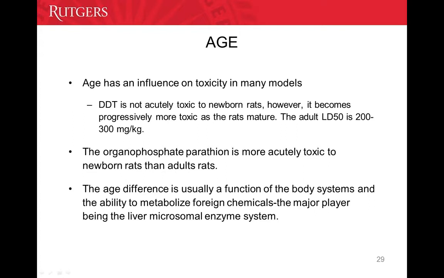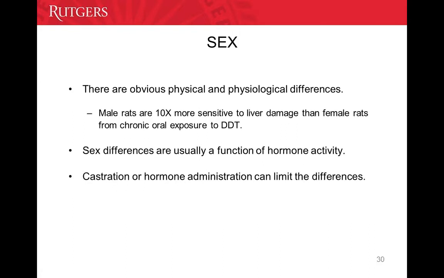So DDT is more toxic when the rat gets older; parathion, an organophosphate, is more toxic to the young. Both are insecticides, but one works more on the younger and one works more on the mature. So the age difference is usually a function of body systems and the ability to metabolize a foreign chemical, a xenobiotic, and in this case, most of the time this happens in the liver where the metabolism takes place.